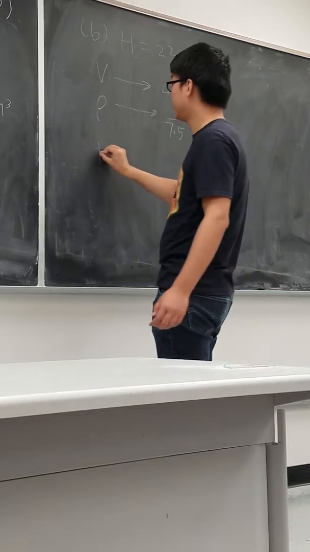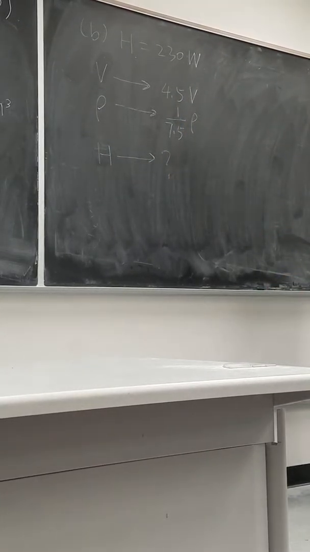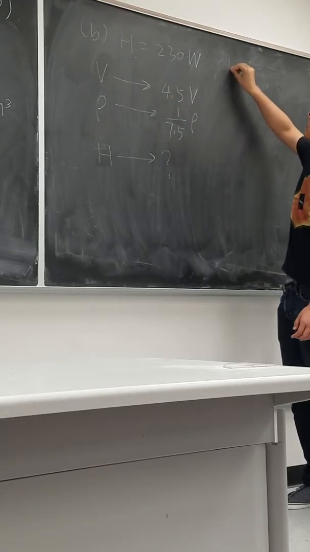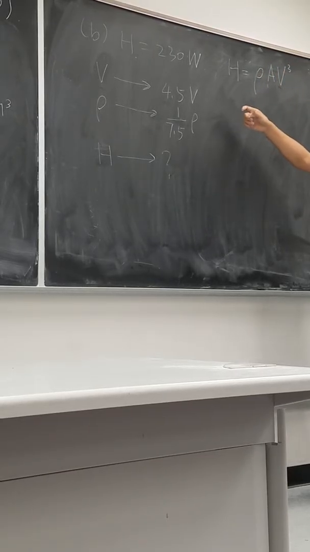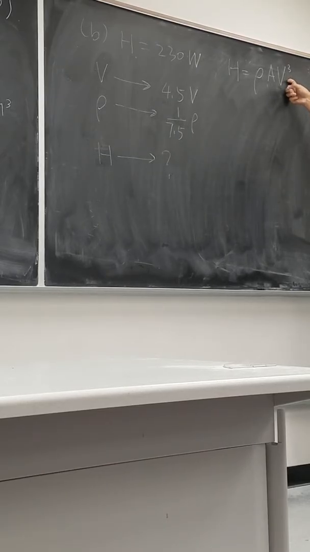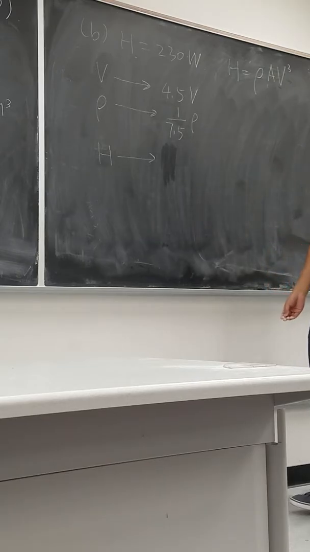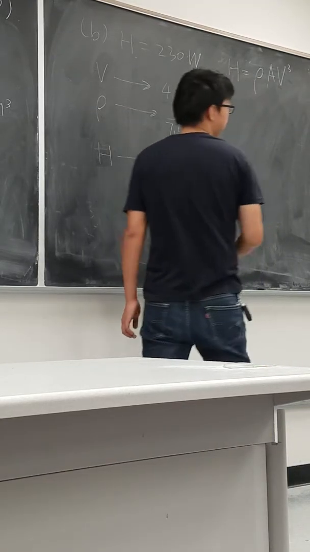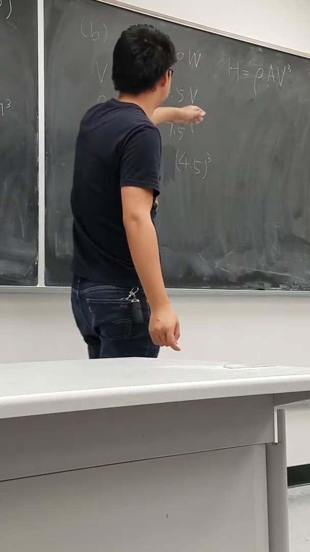Now, how would the heat loss change? So now velocity increased. If we look at the formula, H equals rho A V cubed. Here, velocity is cubed. So if it's 4.5 times larger, then H will be 4.5 cubed times larger. And rho here is also multiplied with the rest.